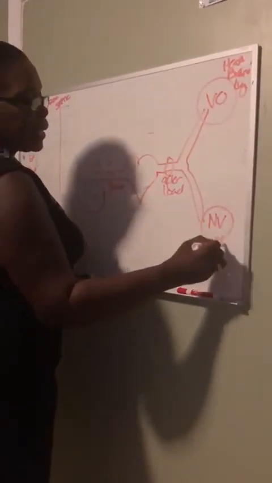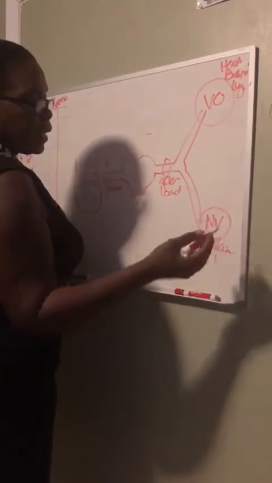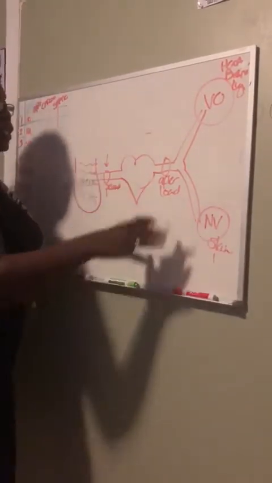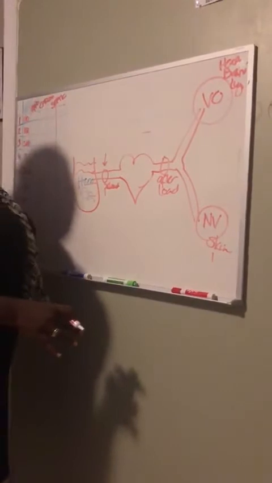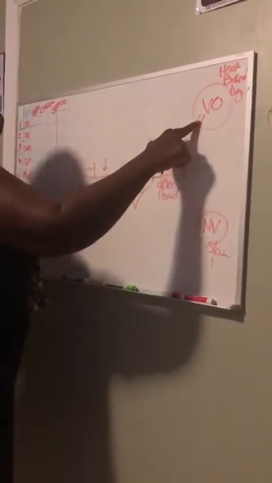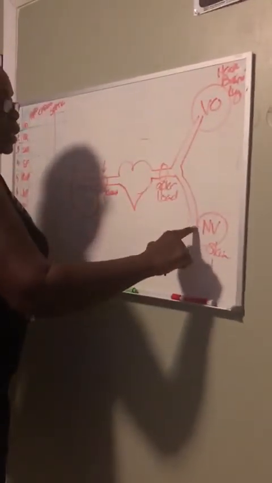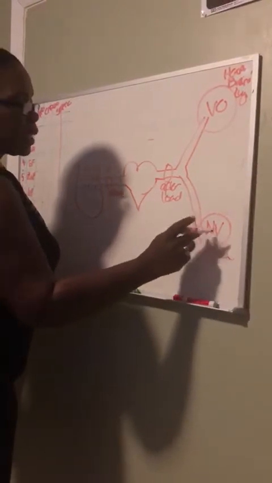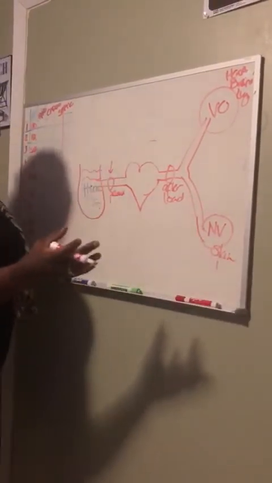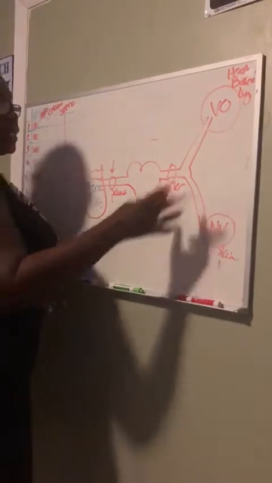Non-vital organs would be like your skin, your hair, nails, all those different things, okay? So non-vital organs is in that area. So this area here is what is called systemic vascular resistance. This is where you will see that pressure being balanced in this area.